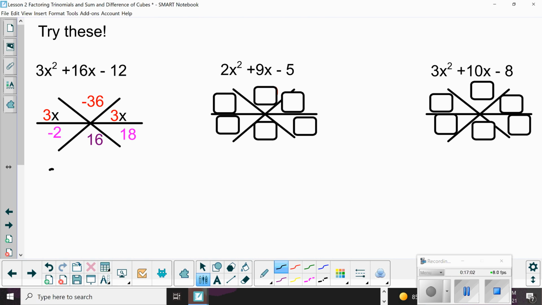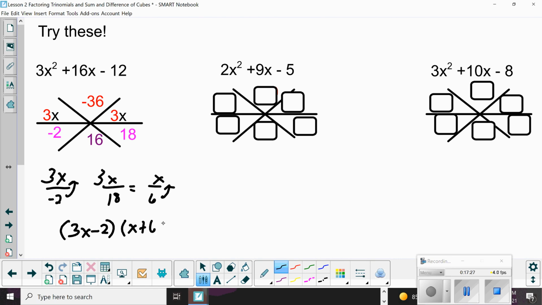Fantastic. 3x over negative 2, 3x over 18. 3x over negative 2 does not reduce, so bottoms up. This one reduces to x over 6. And then bottoms up, 3x minus 2, x plus 6.